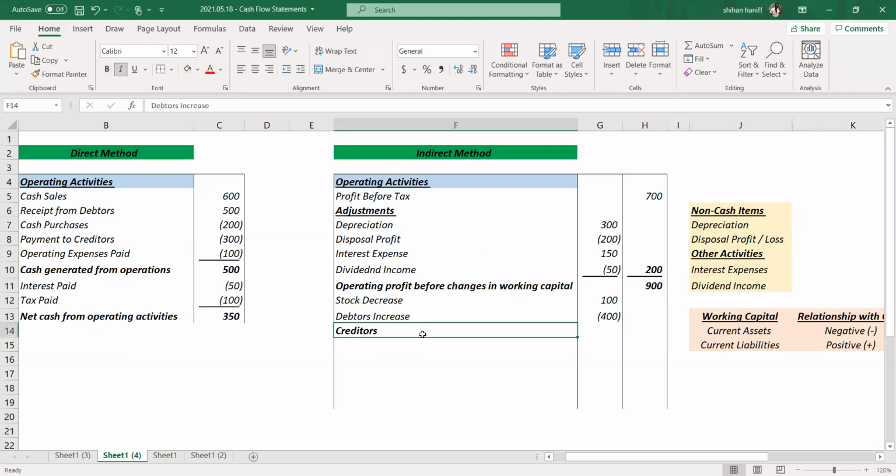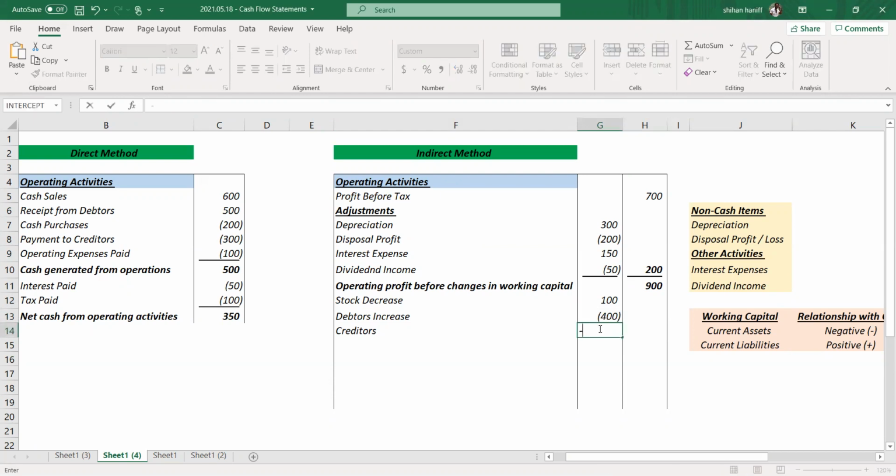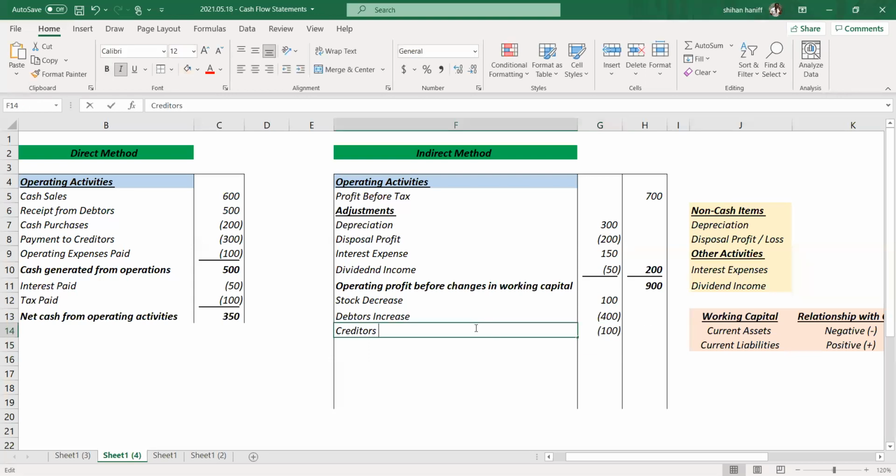Right? Then we take here. This will take creditors decrease.